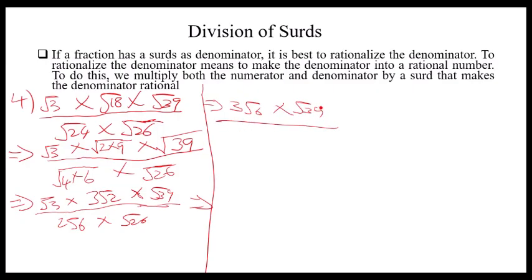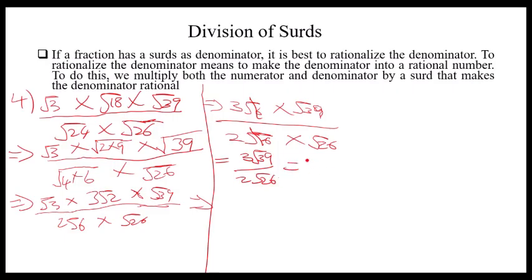Everything divided by 2 with 6, right? Times square root of 26. So the 6 cancels with the 6, right? So this is the same thing as us having 3 with 39 all over 2 with 26, right?